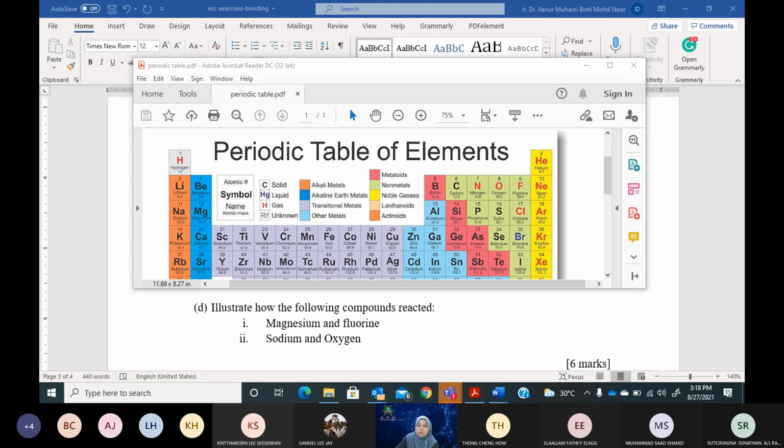Okay, 2,7 is not stable, it needs to accept 1 electron to become 2,8, to become stable 2,8. So when it accepts, the F will become F to the power of negative.